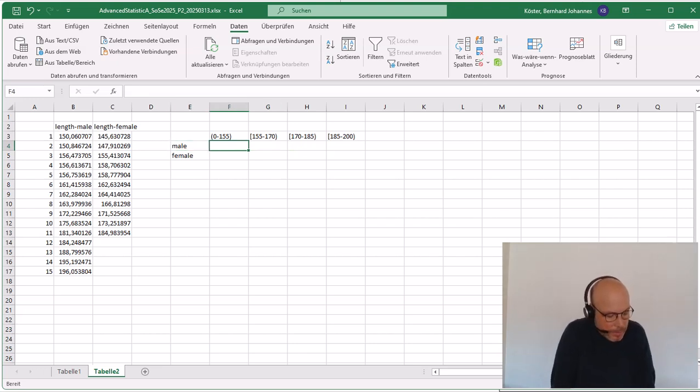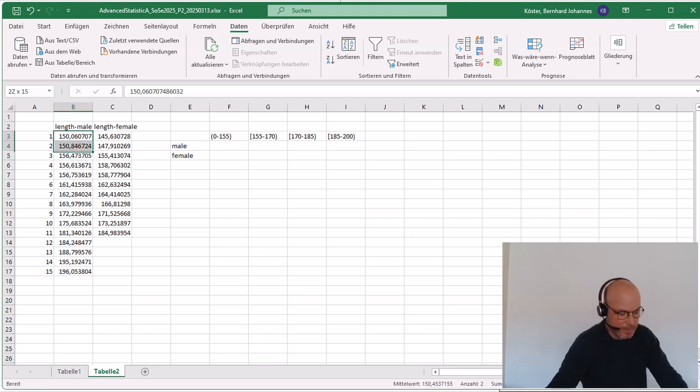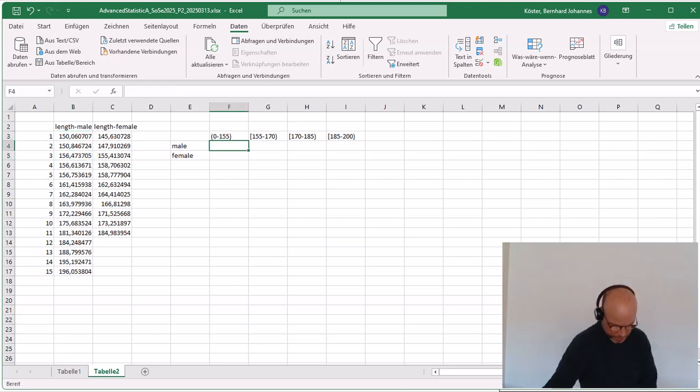So, how many people out of our now 26 people are male and below 155 centimeters? Then we see here this is our 2.